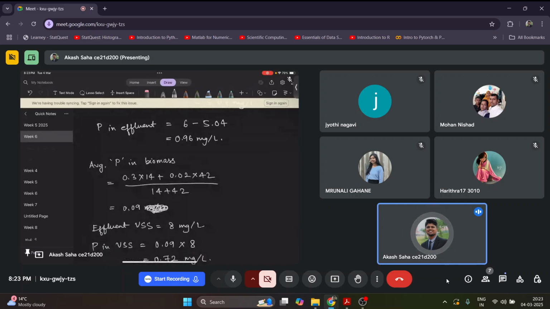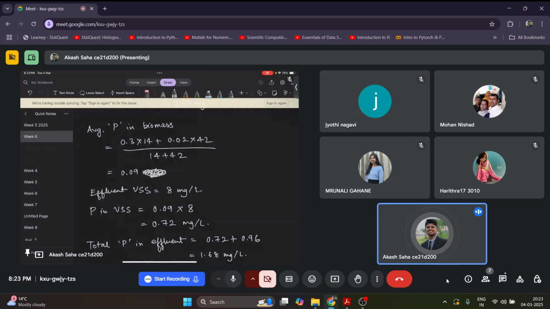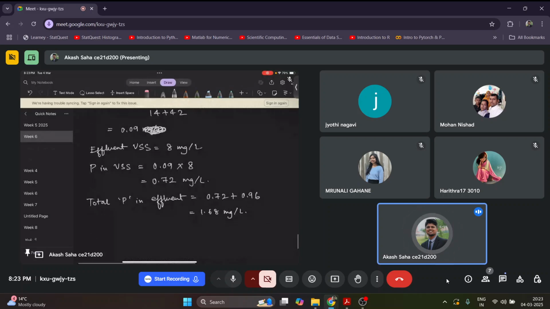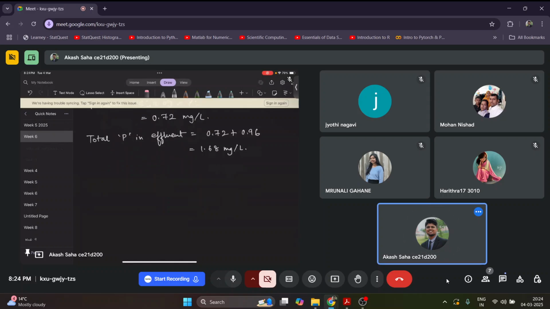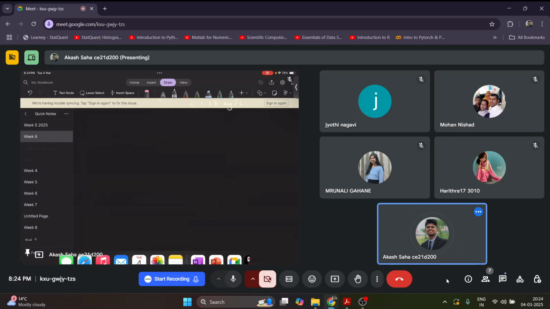Then we will find out the average phosphorus in my biomass, and from that we will find out the phosphorus in my volatile suspended solids, and then we will add both the effluent and the volatile suspended solids phosphorus. So finally 1.68 will be there. Okay, so that's how it is done.